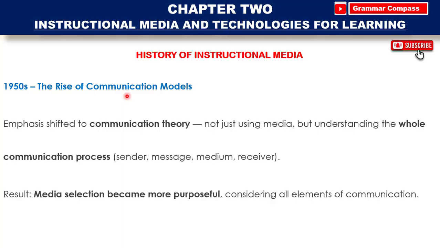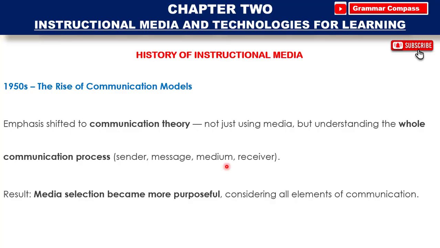They wanted to understand how communication actually works. This placed emphasis on communication theory. There was the involvement of sender, message, medium, and receiver. With this understanding, teachers and instructional designers became more intentional about which media to use and why, depending on who they were teaching and what message it was.